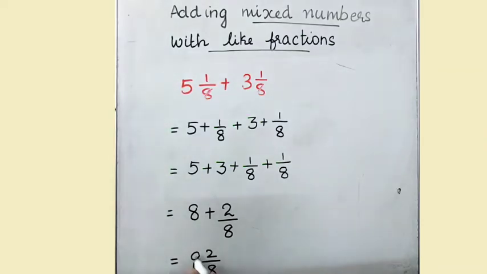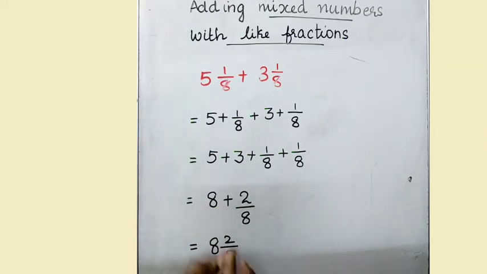Now, if we want, we can make this into a simpler form by dividing. We know that in an equivalent fraction, we can divide both the numerator and the denominator by 2. As it is an even number, we can divide both the numerator and denominator of this fraction by 2.